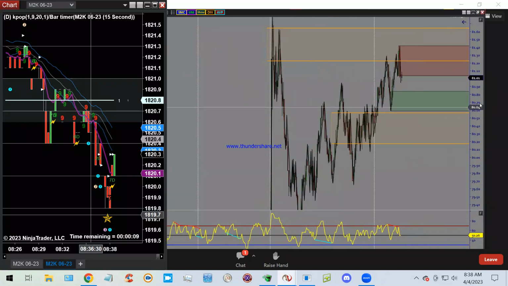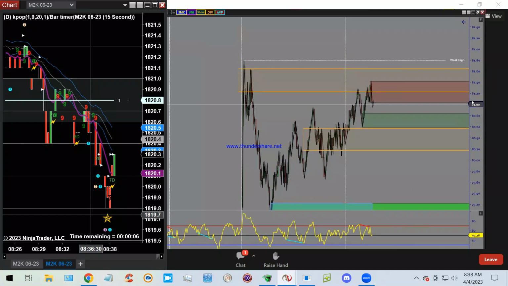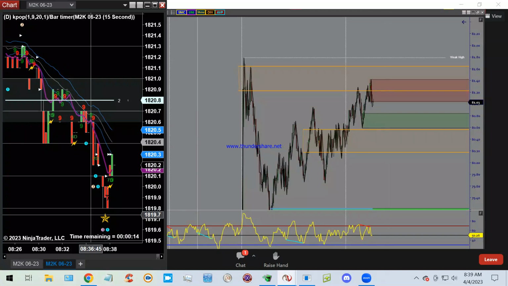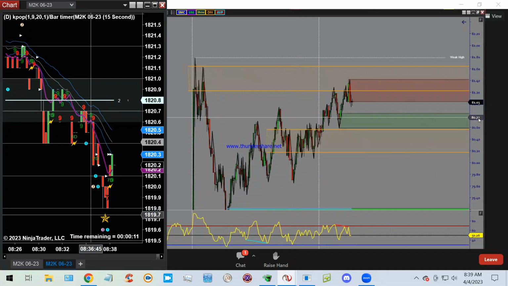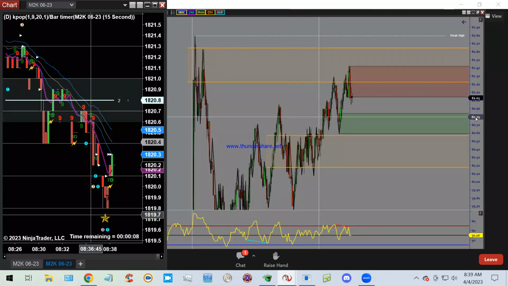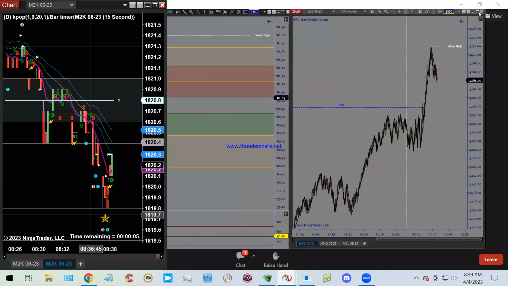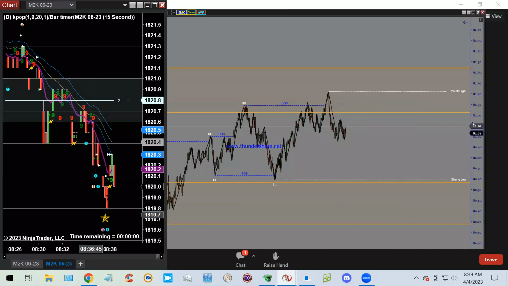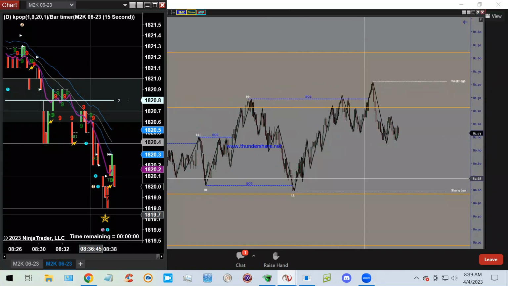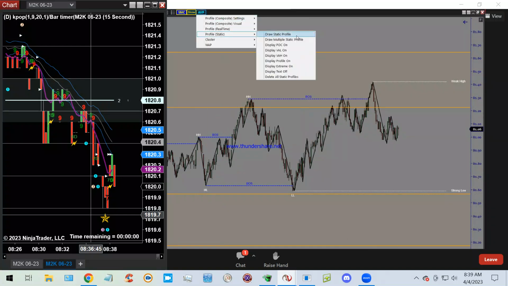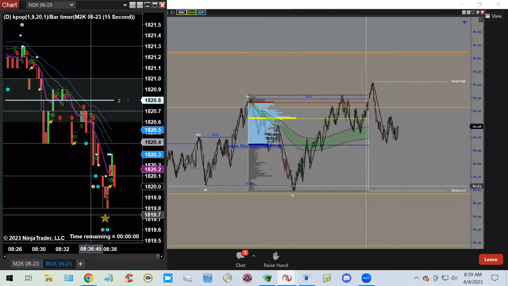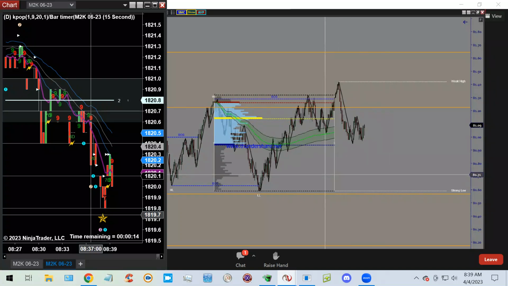It's all demand and support. This is support. Tight range. So the last down bar, I already hit it.